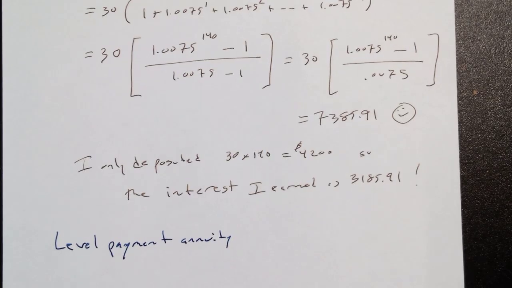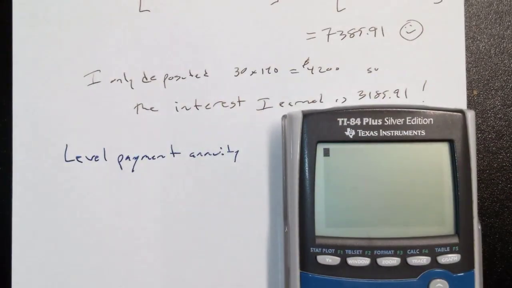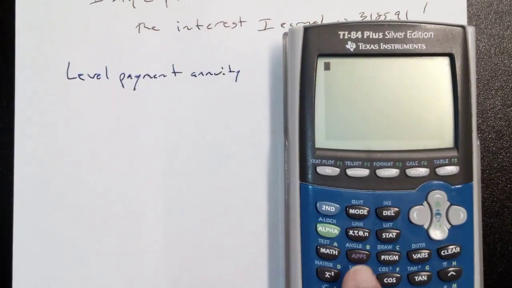By the way, I did say this formula works all the time. So why not write a program to do it? The calculator already did. Third button down, second column says apps.